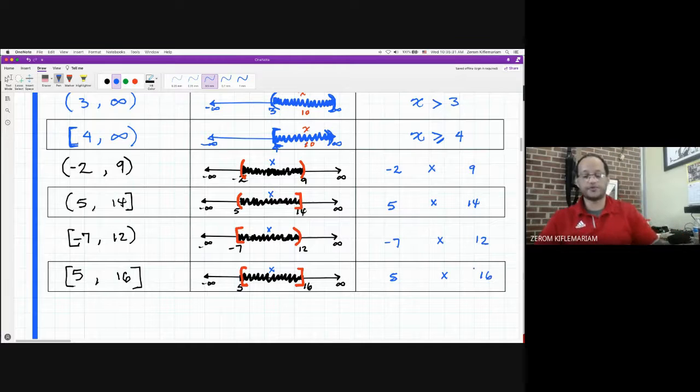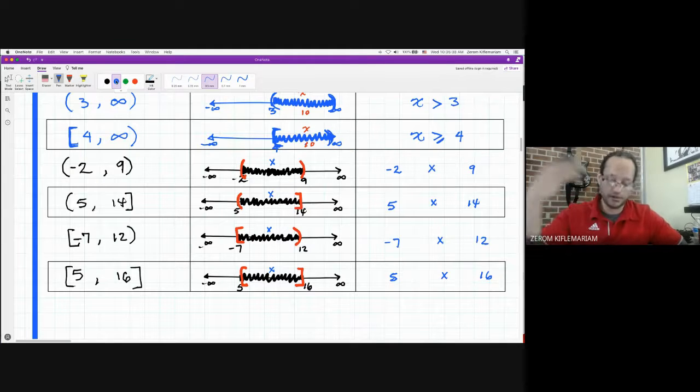If you want to double check your answer, always pick a number. If I say X is between this and that, let's say 5. So if I plug in 5, it will be -2 is less than 5, 5 is less than 9. And since both of them are parentheses, that would be my answer.